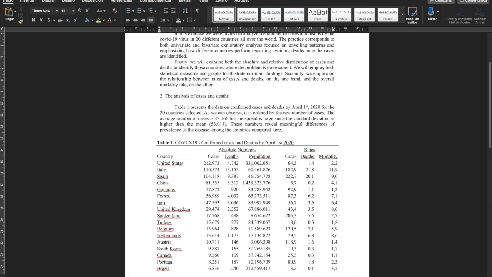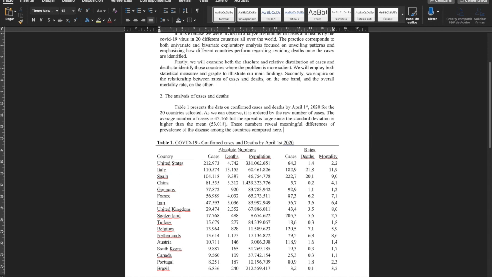So now we gave a large picture about what the pattern is. The pattern is you have an average of 2,166 cases, but you have a huge spread. You have an enormous variation; the standard deviation is 53,018 cases. These numbers reveal large differences in terms of prevalence of the disease.